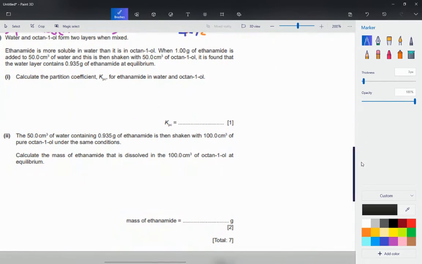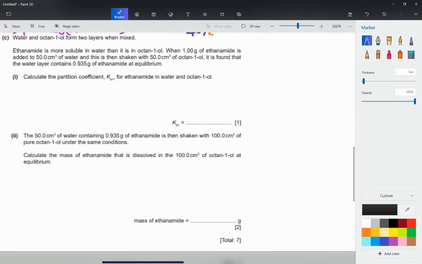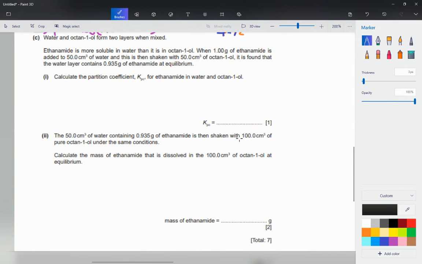Okay. All right. So now what we can do is we're going to look at part C. Water and octan-1-ol form two layers when mixed. Ethanamide is more soluble in water than it is in octan-1-ol. Okay, ethanamide. It's more soluble in the water than it is in octan-1-ol.